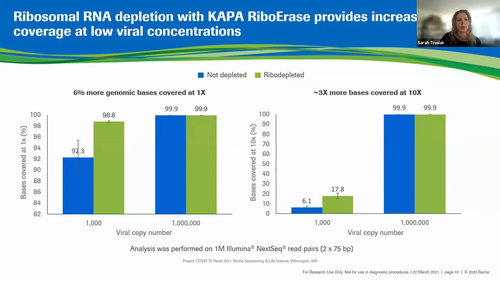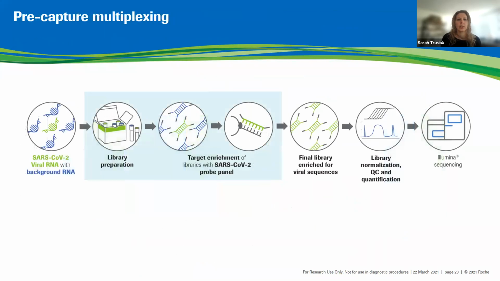We found for SARS-CoV-2 bases covered at 1x, we get 6% more bases covered at 1x for 1,000 viral copies, and 3 times more bases covered at 10x for 1,000 viral copies from incorporating that ribosomal depletion step. Ribosomal depletion does add time and cost to the overall workflow, but it might be an option for more challenging, lower viral copy samples to get more genomic data.